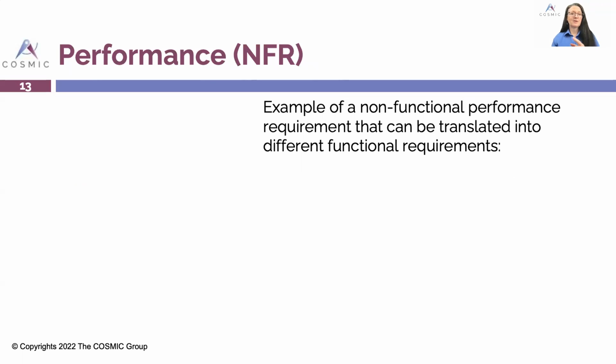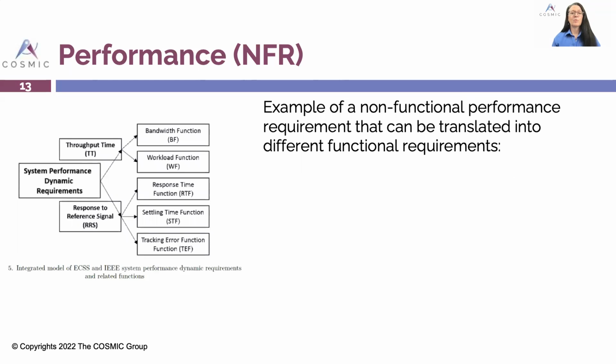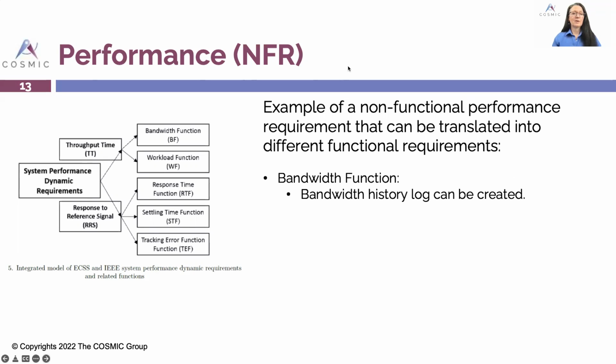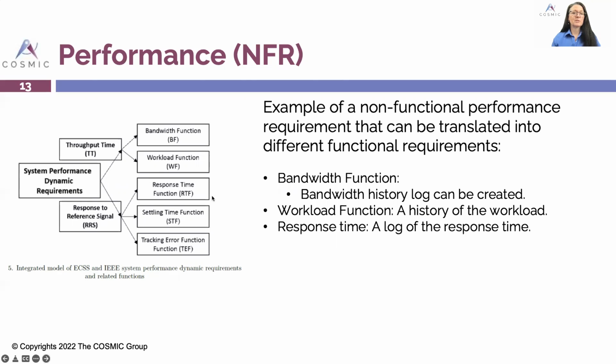Now, let's look at our example for performance, the one we had two slides before. Well, we have here the bandwidth function where a bandwidth history log can be created. There's the workload function, which conveys the history of the workload. There's response time, a log of the response time.